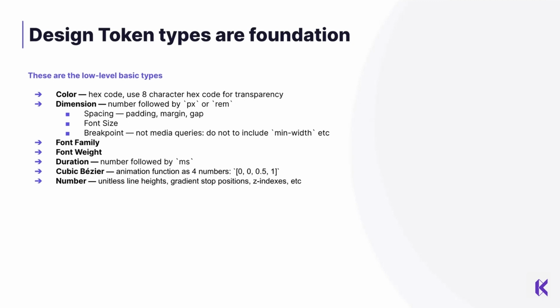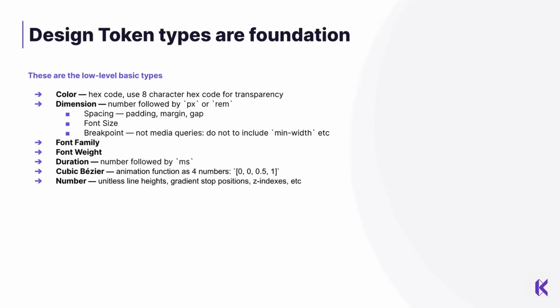So going through it, color: the spec says hex code, and by the way, 8-character hex codes work for transparency. You're probably not going to be in a really bad situation if you're using RGBA or HSLA. I think that's going to be an easy translation, but that's what the spec says: go with the hex code.